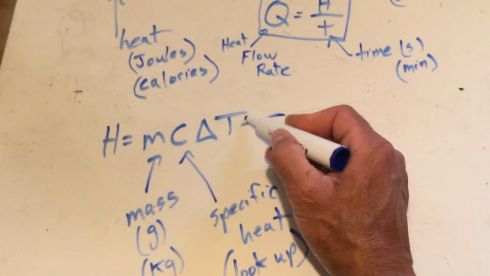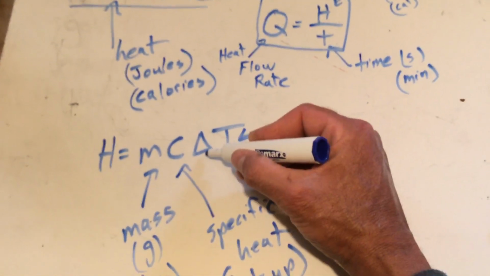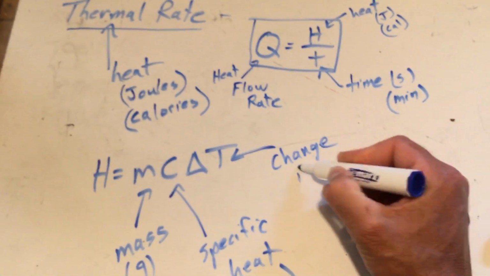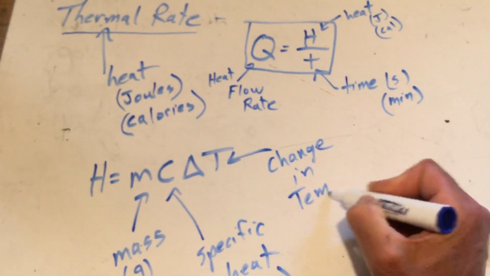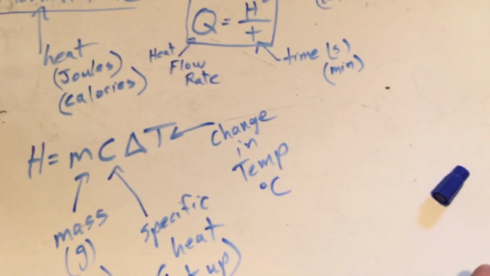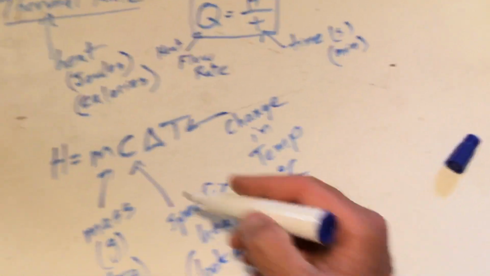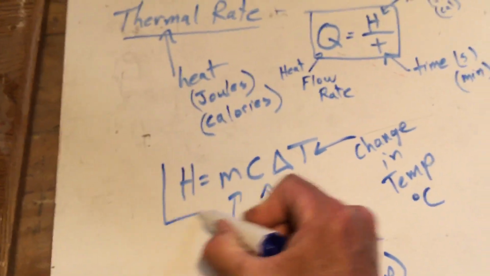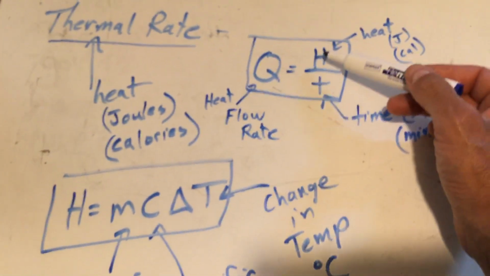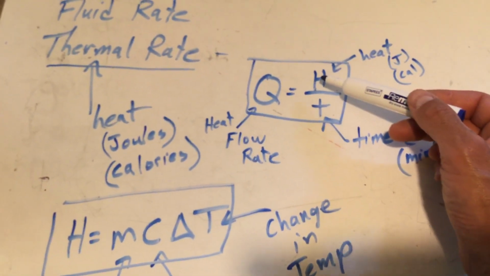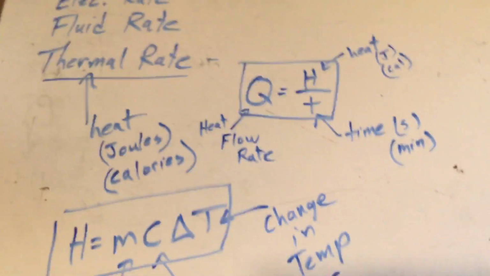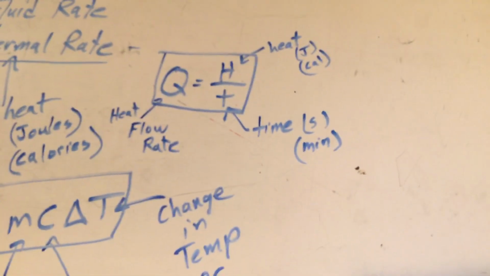And then the temperature, it's actually a delta T, so it's a change in temperature in degrees Celsius. So what you can do is find the heat and then plug it in up here and divide it by the time, and you will be able to get the heat flow rate.